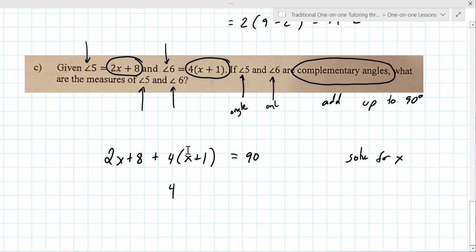No, you're multiplying 4 times 1x. What is 4 times 1x? 4x, plus 4. And 2x plus 8.